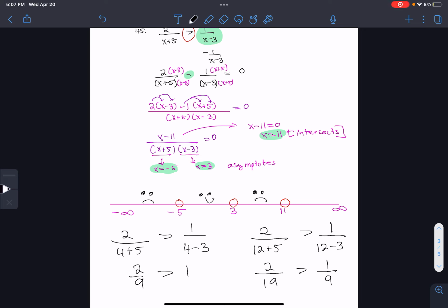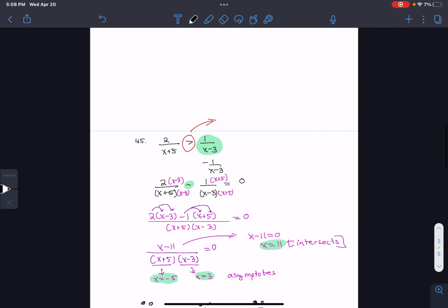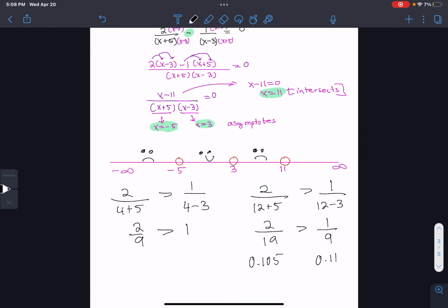But I think 2/19 will be bigger. So if I put this in my calculator, 2 divided by 19 is 0.105. 1 divided by 9 is 0.11. So that actually does not work. So that means that this is also false.